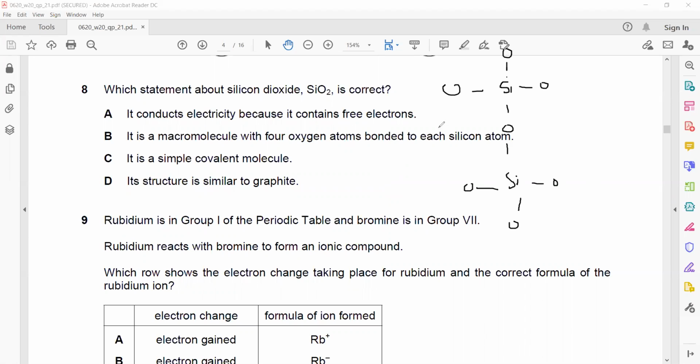That is why we write the formula SiO2, and with reference to this formula we call it silicon dioxide. But in practice it has millions of silicon and oxygen atoms in a ratio of 1 to 2.